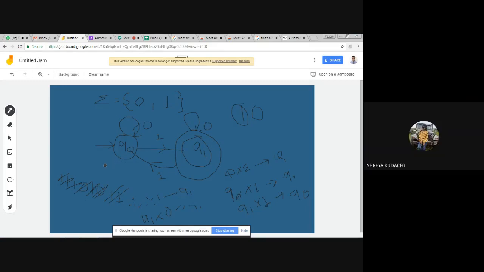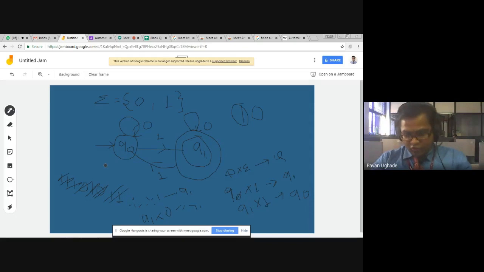No, sir. Hope you understood the concept of automata, transition state, transition function, accepting states, final, non-final, and initial states. That is very important, and I hope you understood it using this whiteboard concept.